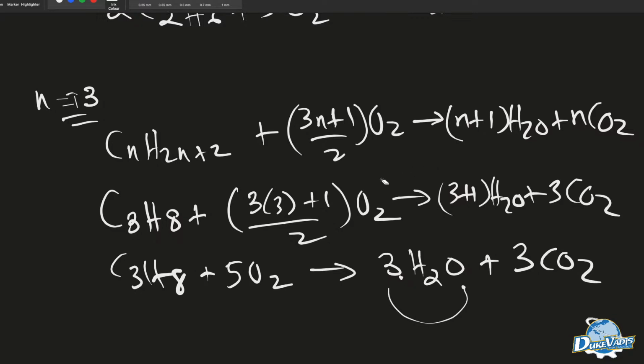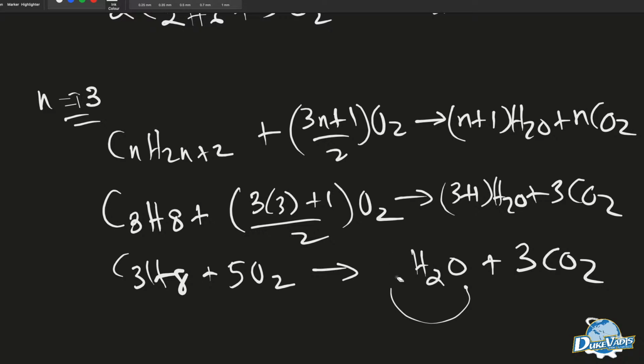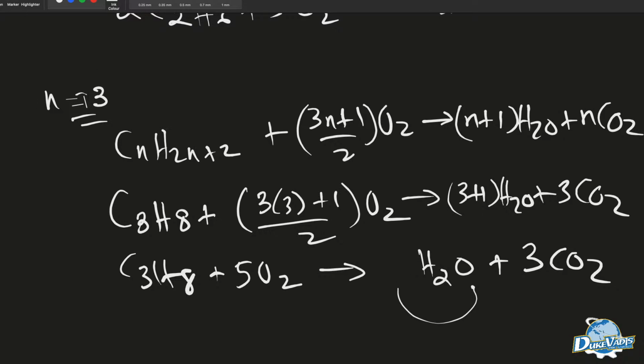So n plus 1, 3 plus 1 here will be 4. Okay, so 4 water and the 3 carbon dioxide.